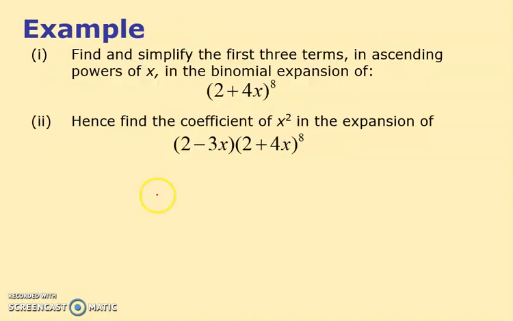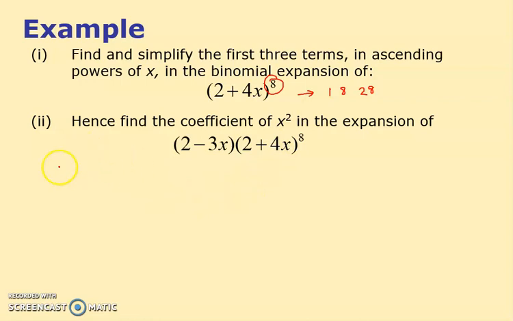So first of all, expand this 2 plus 4x to the 8, and it says do so for the first 3 terms. One way or another, again, because it's to the power of 8, you need to get the coefficients. And I just did on my calculator, I typed in 8C0, 8C1, 8C2, and I've got these for the first 3 coefficients, 1, 8, 28.